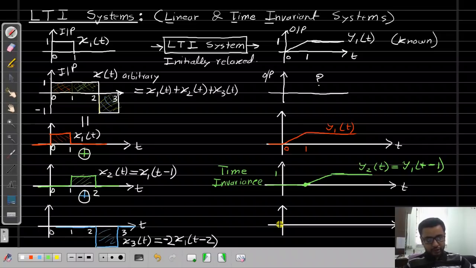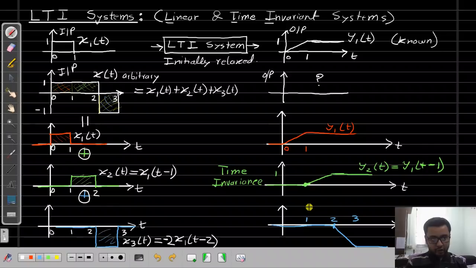So let me draw the output that will start from t equal to 2 and then it will go downwards with a slope of 2 like this and then become flat at t equal to 3.